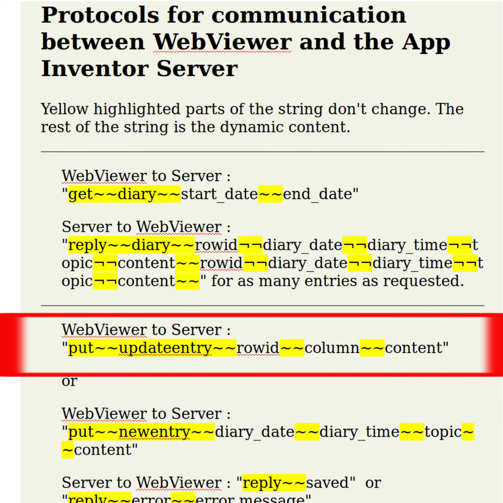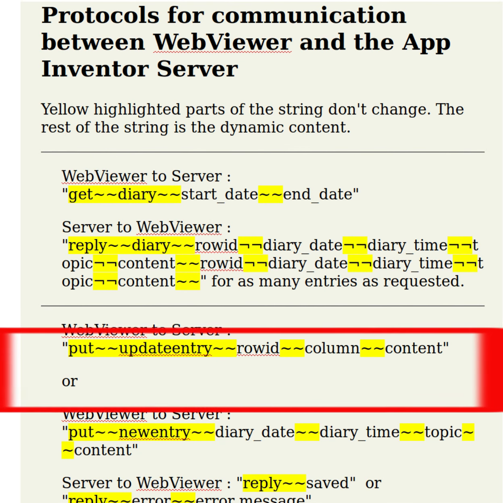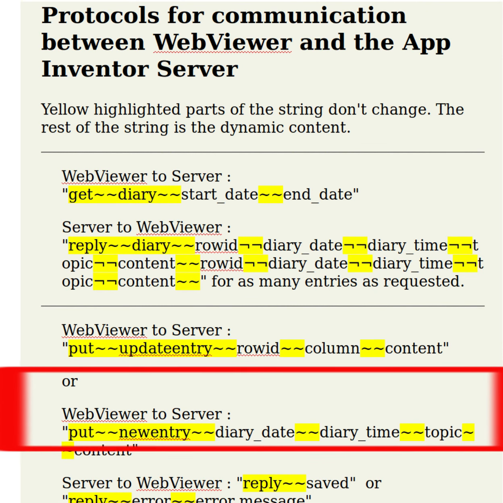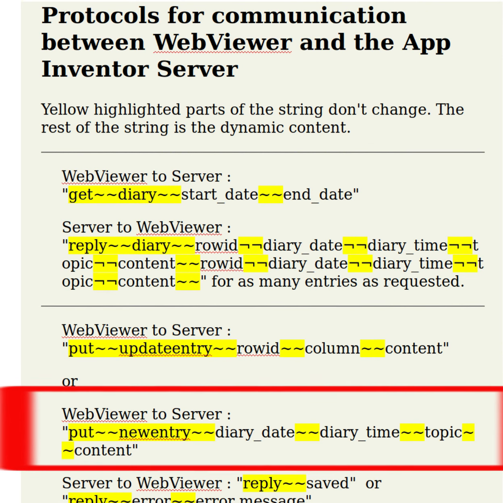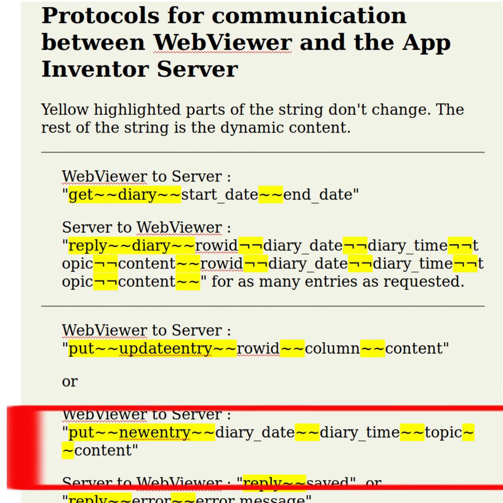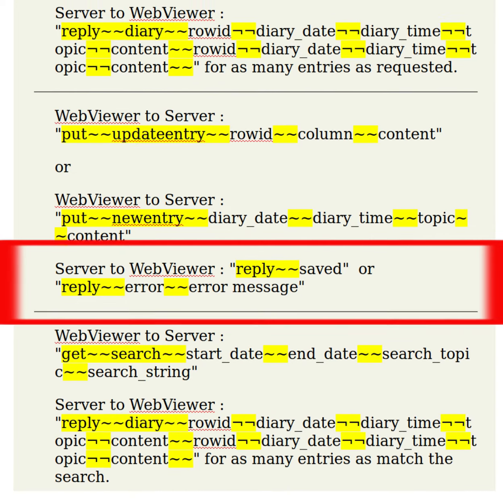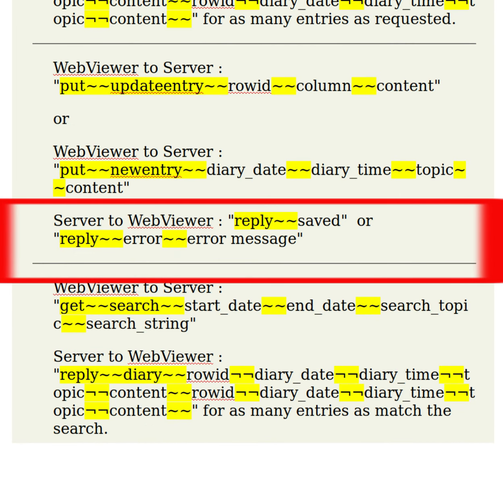Web viewer put update entry, row ID, column, content, or put and then separated by the new entry, diary date, diary time, topic and content. The server will reply with a message to say saved or a message to say error.